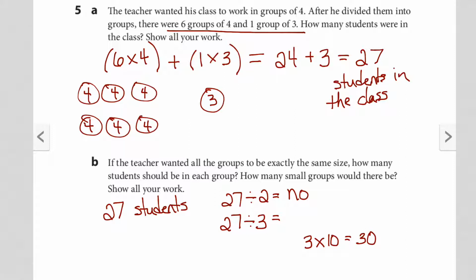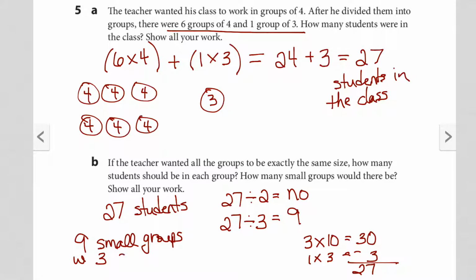If I took away 1 group of 3, would that equal 27? It sure would. So my answer would be 9. So how many small groups would there be? There would need to be 9 small groups with 3 students each.